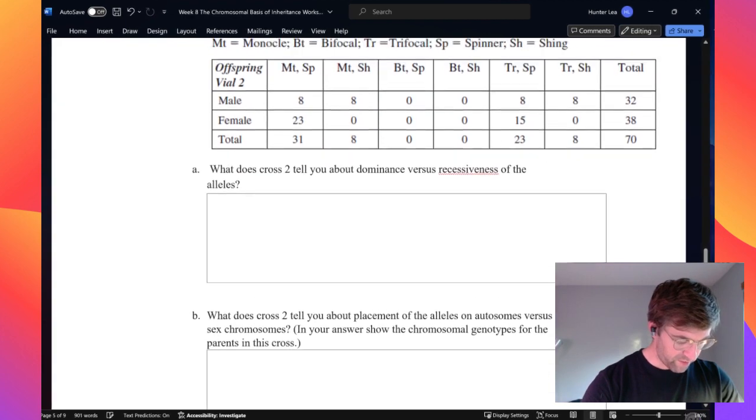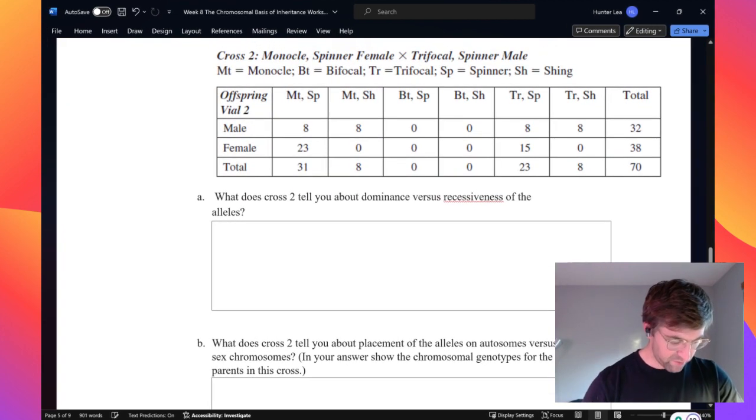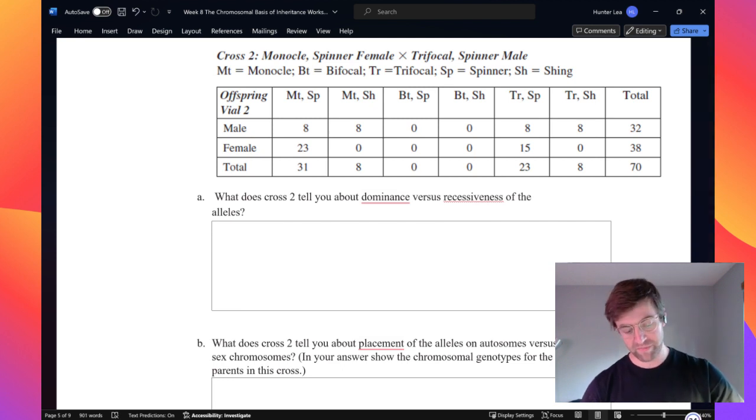Same deal, but with another cross. Cross 2, we've got a monocle spinner female and a trifocal spinner male. So we know that that trifocal spinner male is heterozygous for the monocle and bifocal. And we don't know anything yet about the spinner. So the fact that they both have that trait should tell us something.